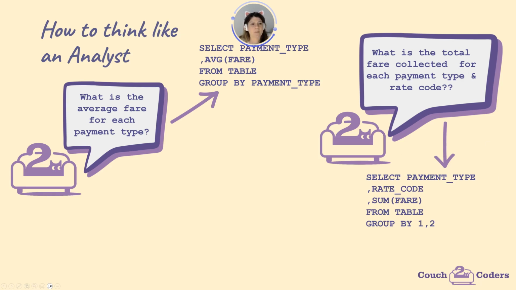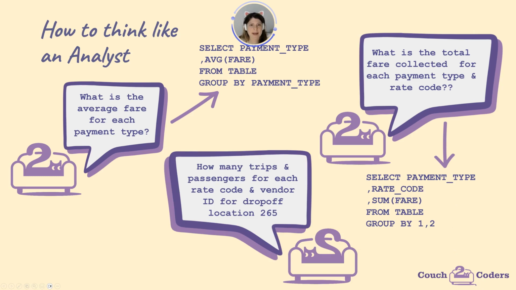So we want it broken out by payment type and rate code. So we put payment type, rate code, sum our fare from our table, and then we group by column 1, payment type, column 2, rate code. And if you don't like the 1 and the 2, you could also write out manually payment type, comma, rate code. Let's try another.